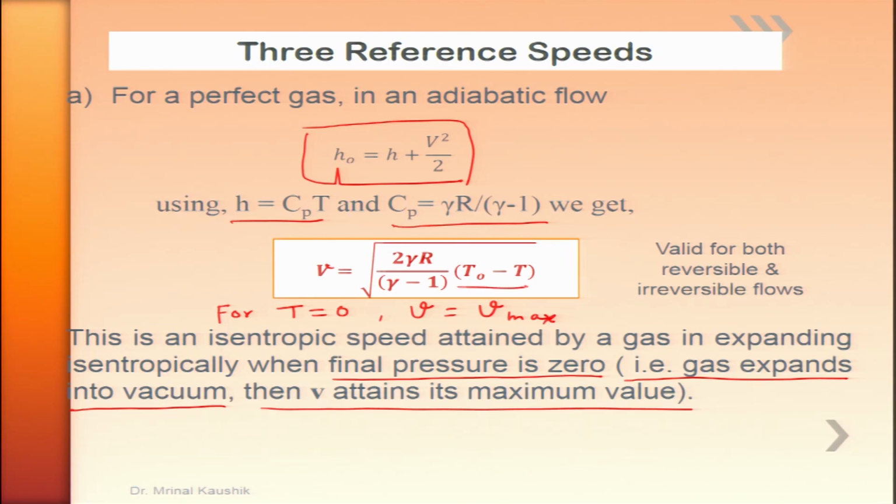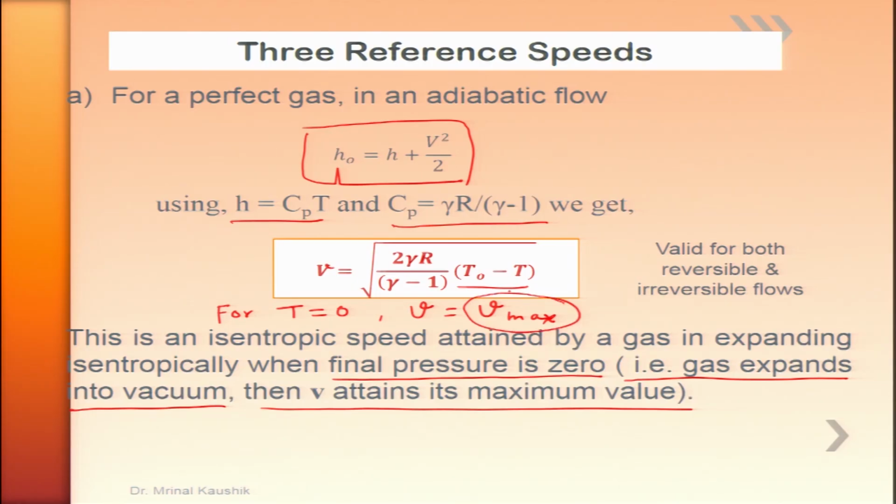Now, let us see what happens if T is equal to 0. Theoretically, when the temperature is 0, this is the state when all the motions of the molecules are frozen, and since the molecules are not moving, the pressure is 0. That means you are bringing a condition of vacuum, that is, your flow is dumping into the vacuum.